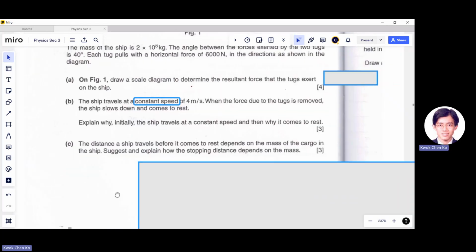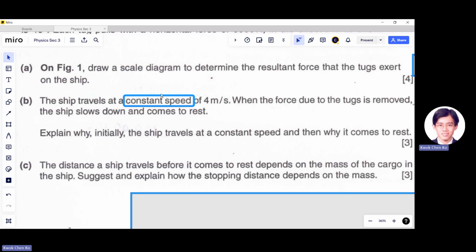Now, I would tell you one last thing. This is a very important hint. This is a bit different from, let's say, the words average or minimum, which do not affect your answer that much, but this does. Anytime you see constant speed, right, sit up and take notice.